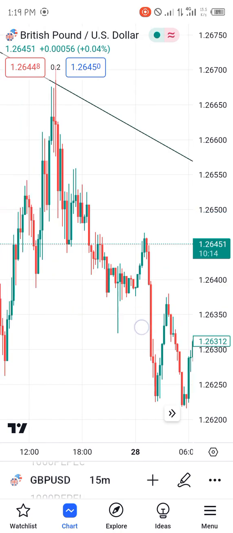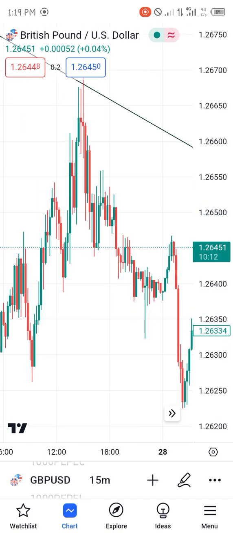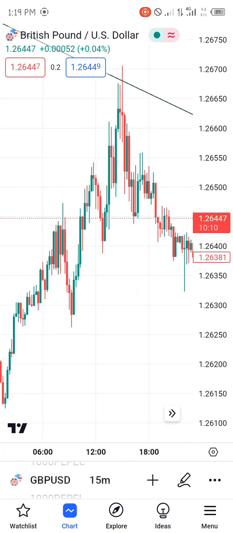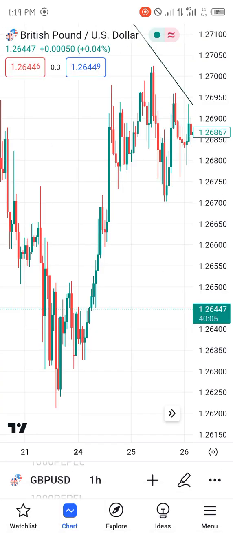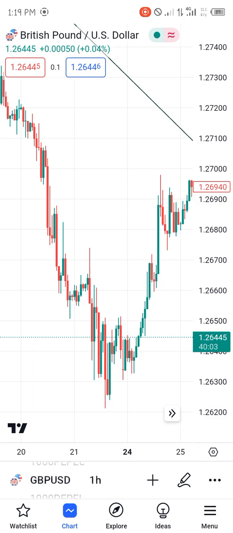So I just want to address this trend line. Let me move to the 1 hour time frame. We just rotate our screen, then we shrink our charts. This stuff, I don't know how we remove this.